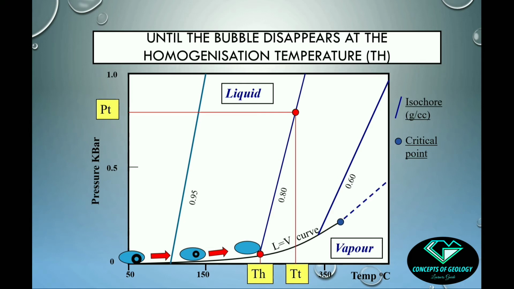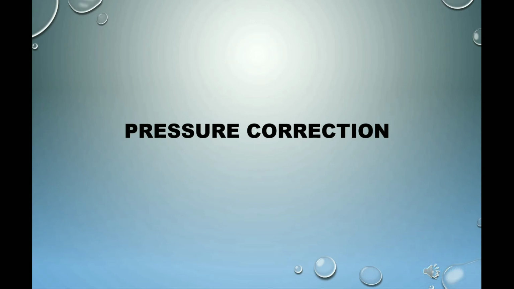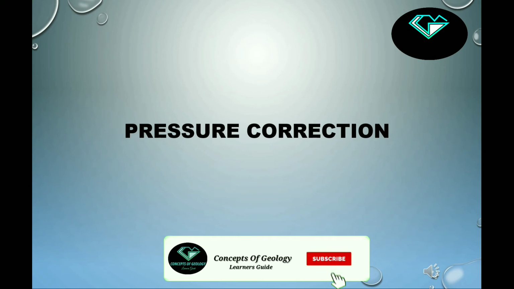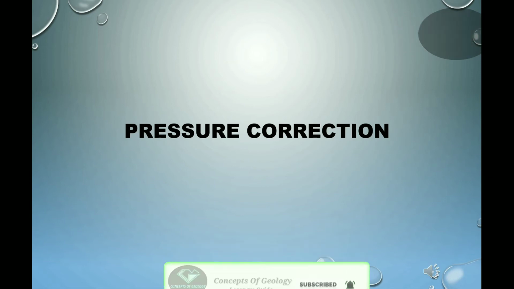So the temperature of homogenization, which is just read, is the minimum temperature for the formation of the ore. Okay, we can decipher the actual temperature of formation only after the application of pressure correction. You may not believe, for a deposit formed in a depth greater than 10 km, the difference of temperature of homogenization may rise up to 300 degrees centigrade when the pressure correction is applied.